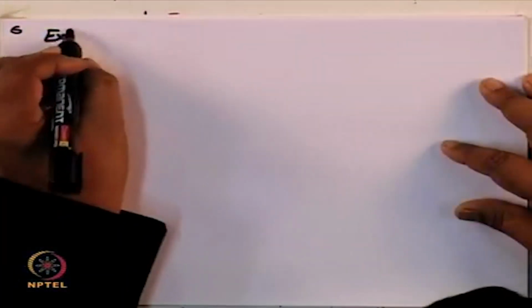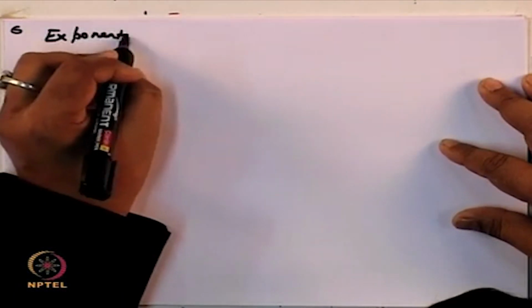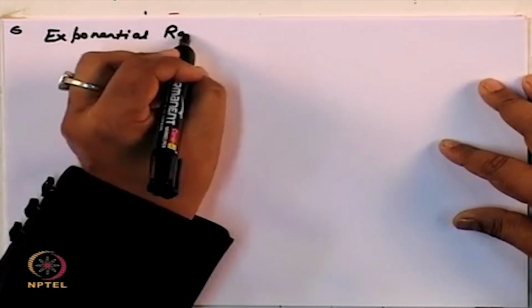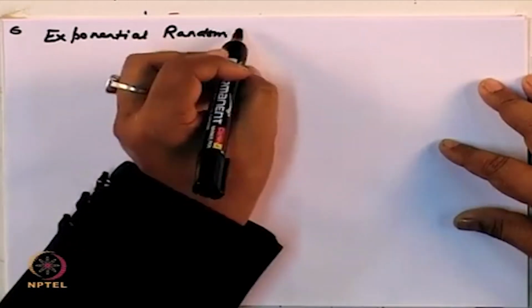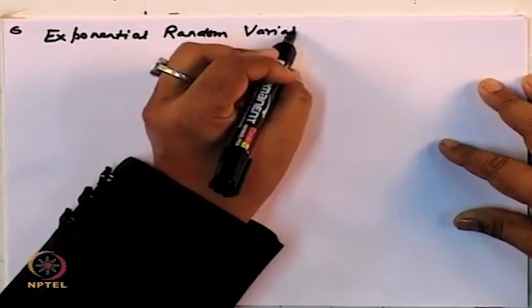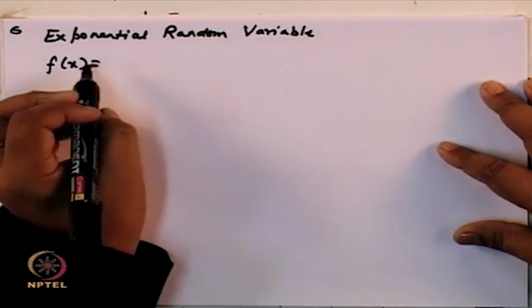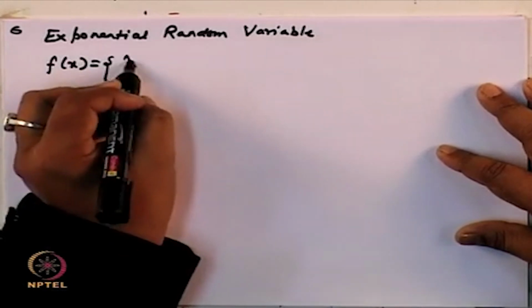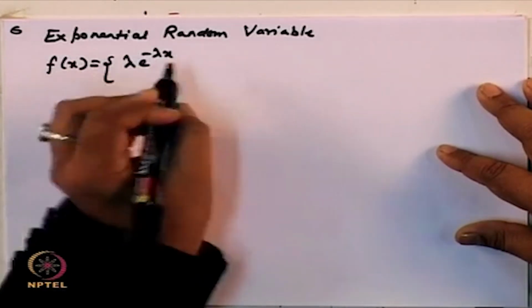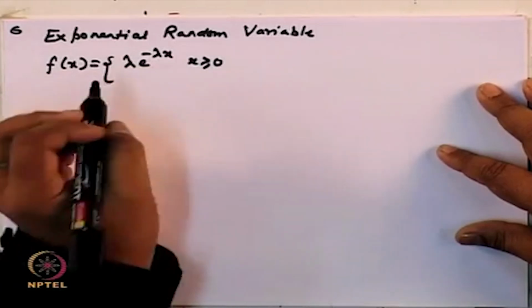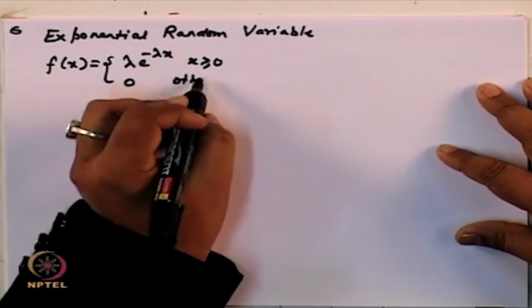For an exponential random variable, your f(x) is defined as lambda e to the power minus lambda x when x is greater or equal to 0, and equal to 0 otherwise.